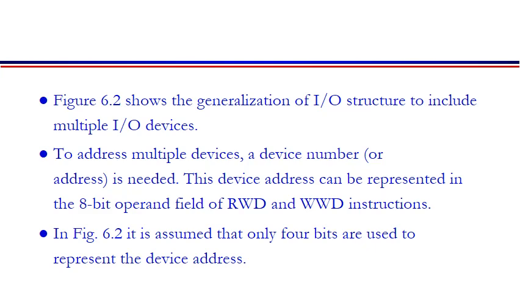This device address can be represented in an 8-bit operand field of input or output instructions, that is read a word and write a word instructions. So in the figure, it is assumed that only 4 bits are used to represent the device addresses. So how it is done, we will discuss in the figure.